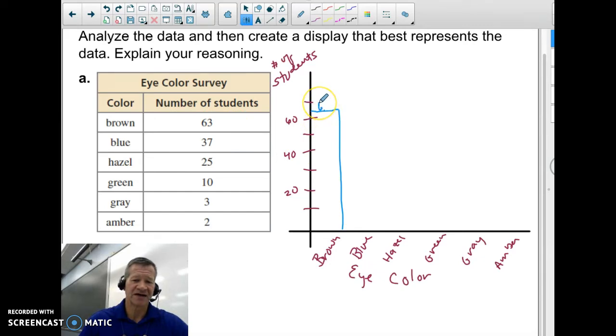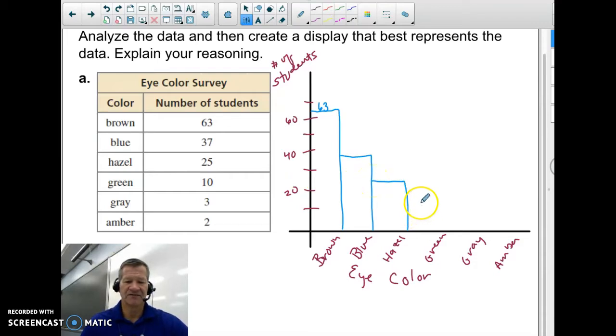And you could even write on top here 63 if you want people to know the exact number. Blue, 37. So let's go around just under 40 here. Have blue eyes. Try to make the bars about the same thickness. 25 had hazel eyes, so somewhere between 25 and 30. So hazel.